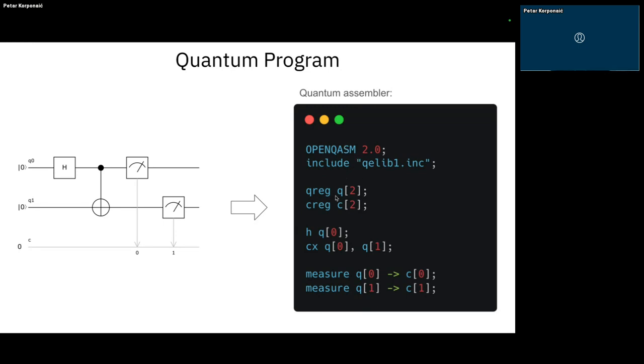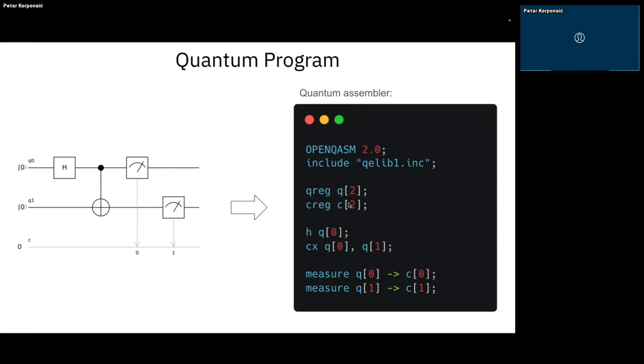So this is very handy format for interchange between different brands of quantum computers. And just to show you, so we have QReg. This is quantum register named Q. So this is Q register, which has 2 qubits. Then we have classical register named C. So this is this C register, which also has 2 bits.